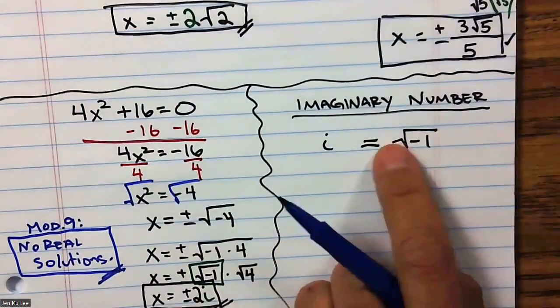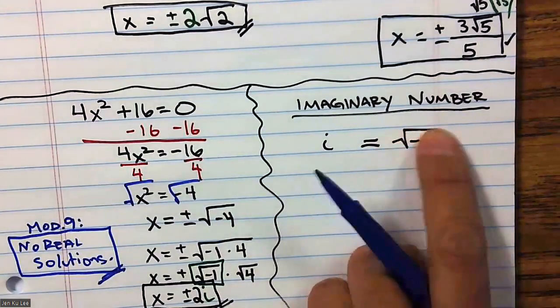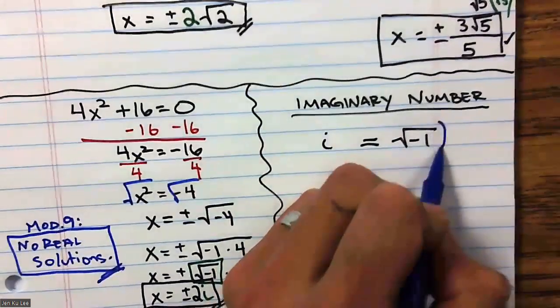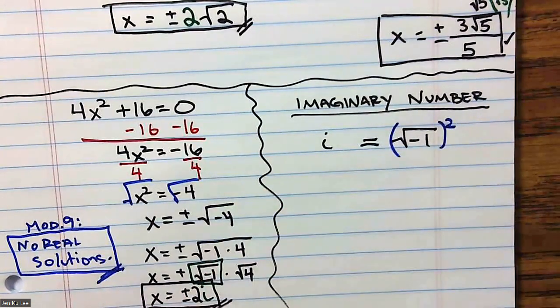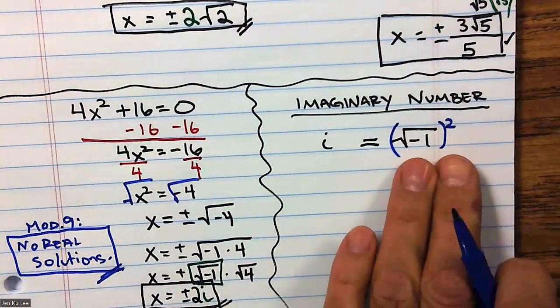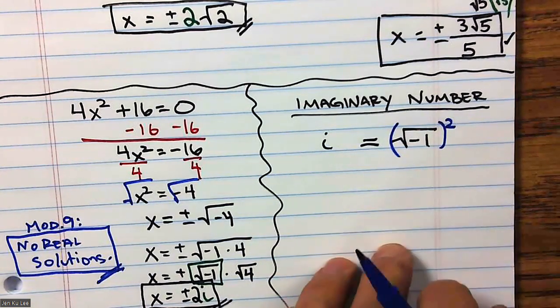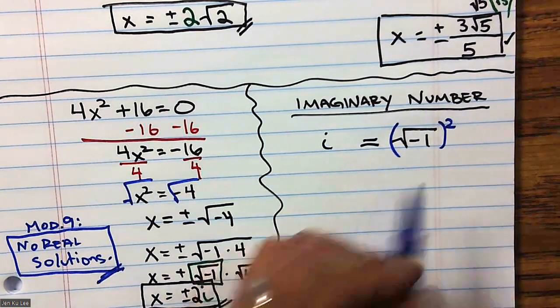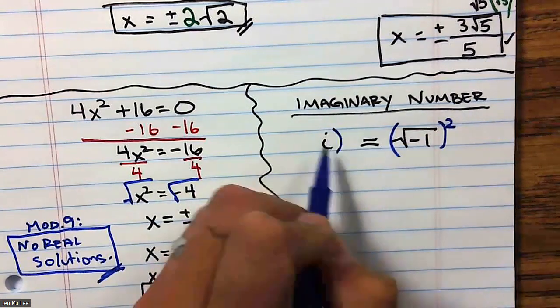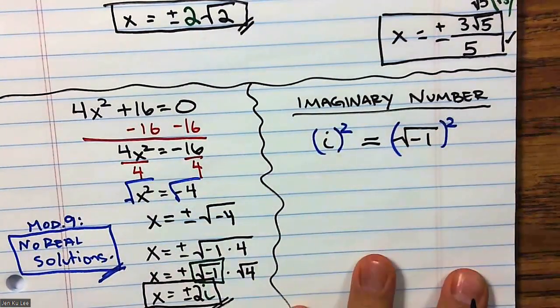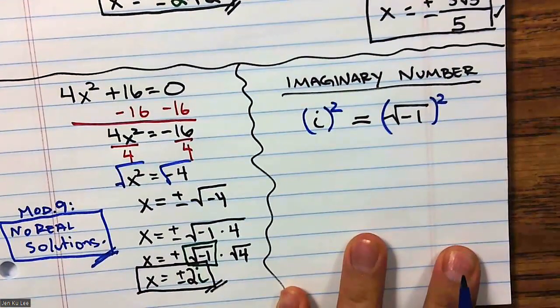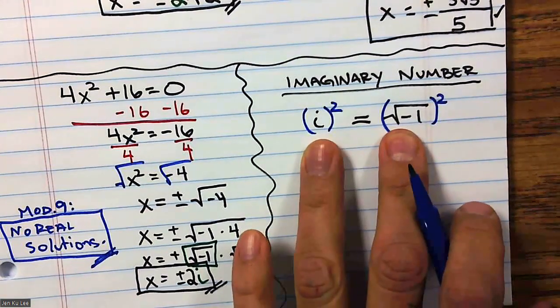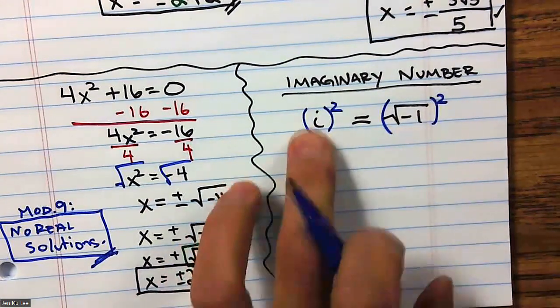So if I wanted to cancel out this square root, I would have to square it. This leads to a new concept. Okay, if I square this side, I would have to square this side as well. Correct? So this leads me to a new concept.